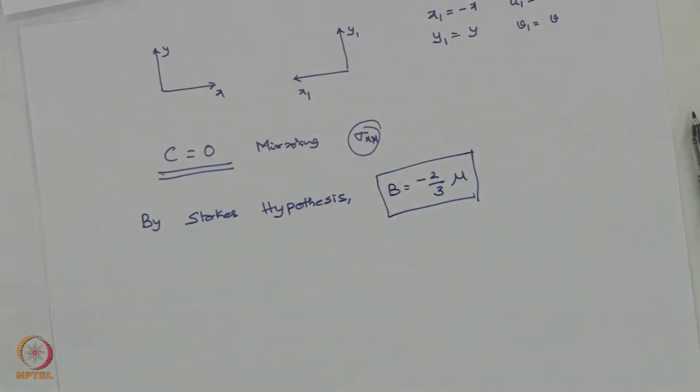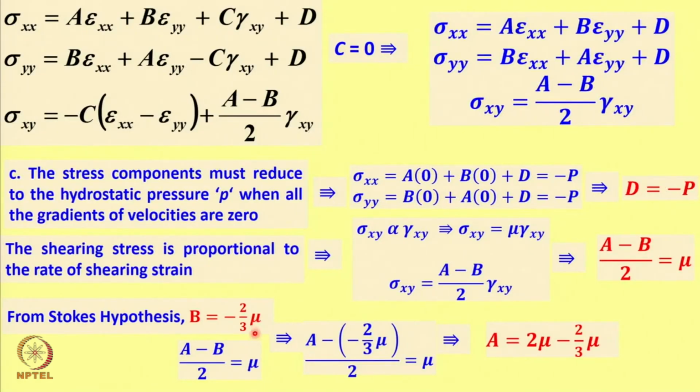I am taking back to slides. B equal to minus 2 by 3 mu. If I take, I get a equal to 2 mu minus 2 by 3 mu.